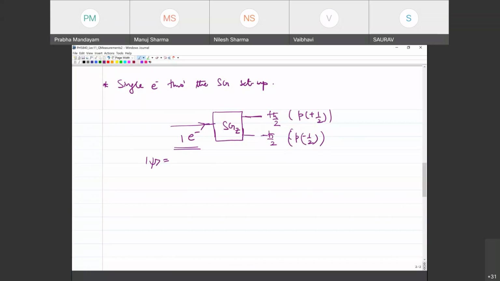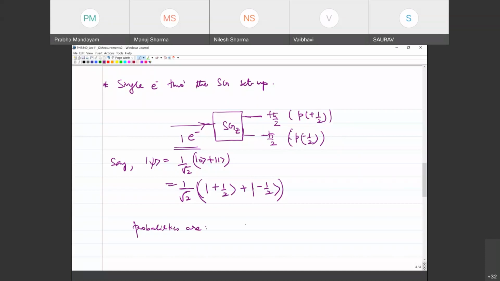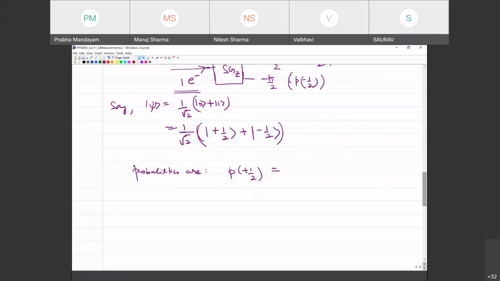But if my incoming state was in this kind of uniform superposition of 0 and 1, which is the same as plus half and minus half, then we know the probabilities are given by what? What is the probability of plus half and what is the probability of minus half? 1 by 2, 1 by 2. Yeah, so they are both half.